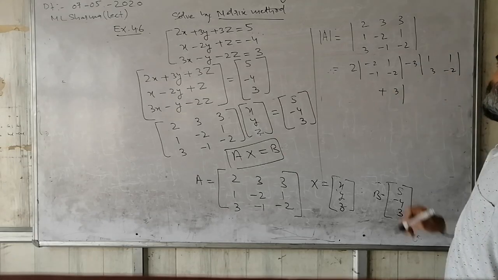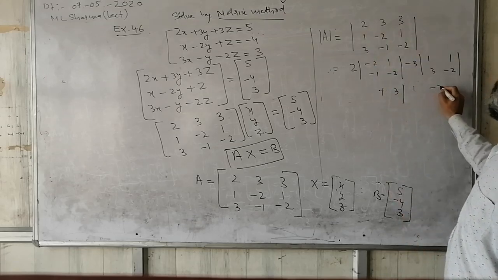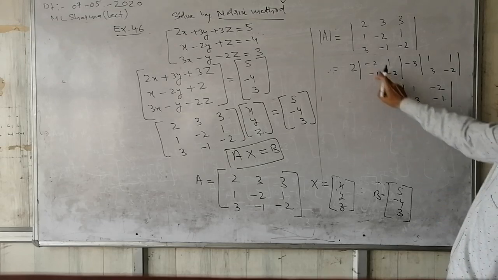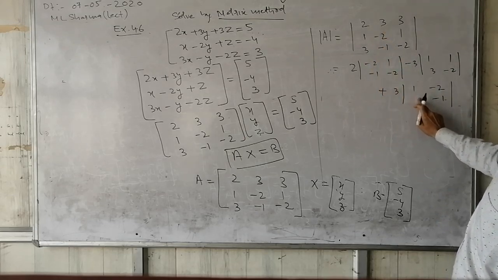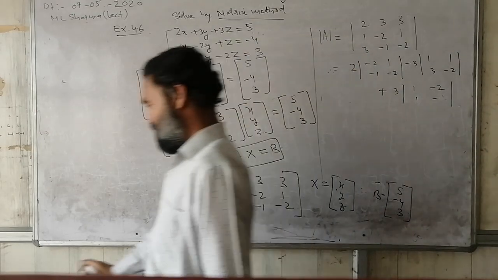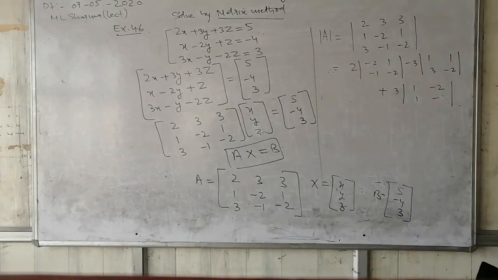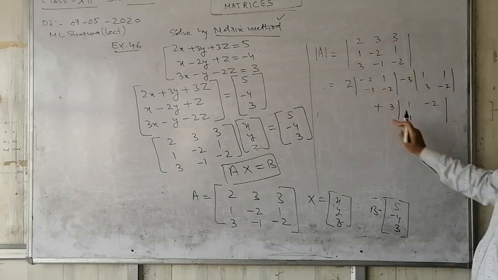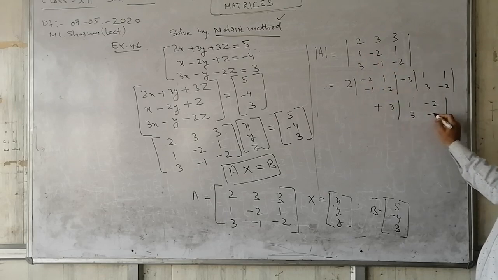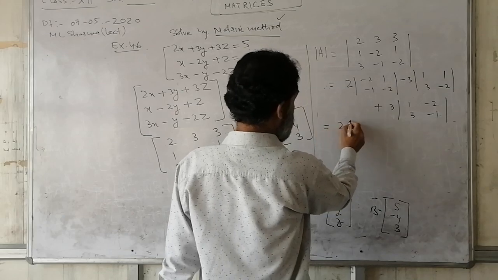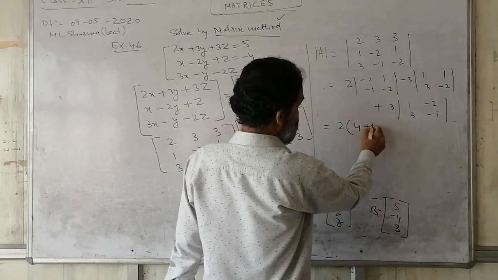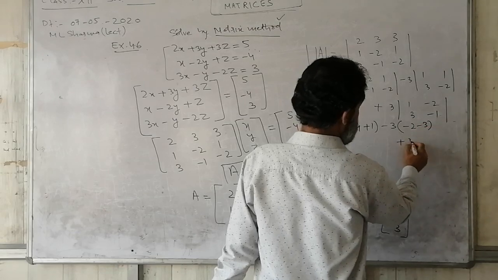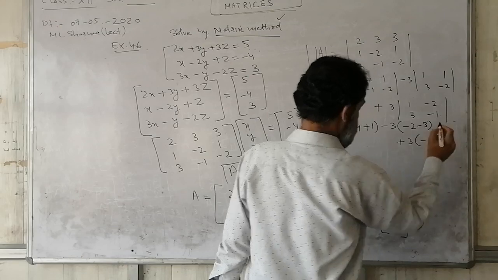Then plus 3 times the determinant when this row and this column are deleted. So I have 1, minus 2, 3, minus 1.